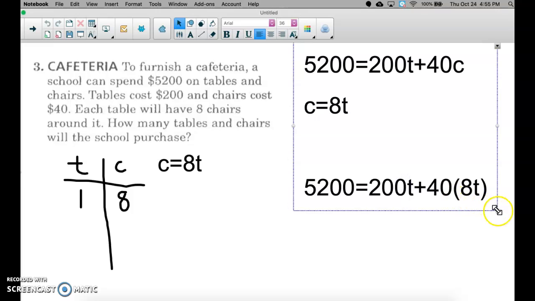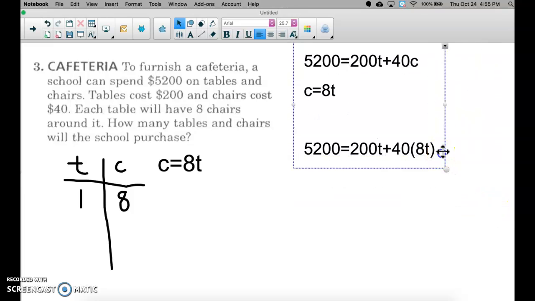So I do that, I simplify, I'm going to get 5,200 equals 200t plus 40 times 8, which is going to be 320 there.